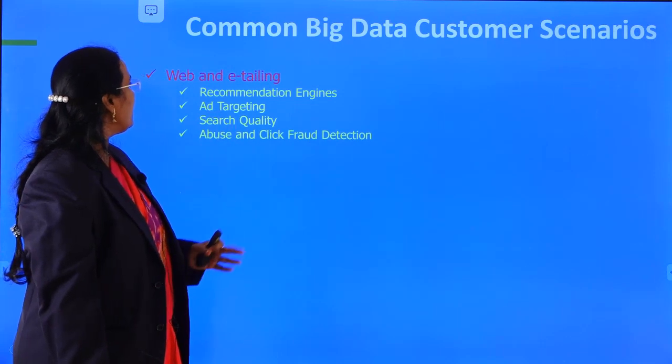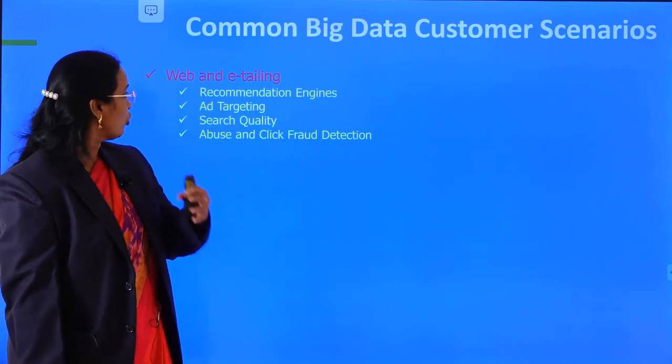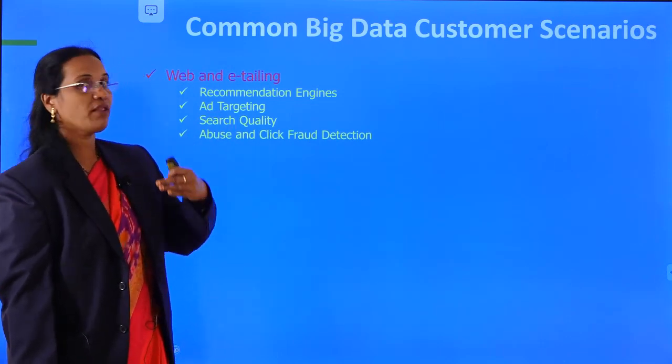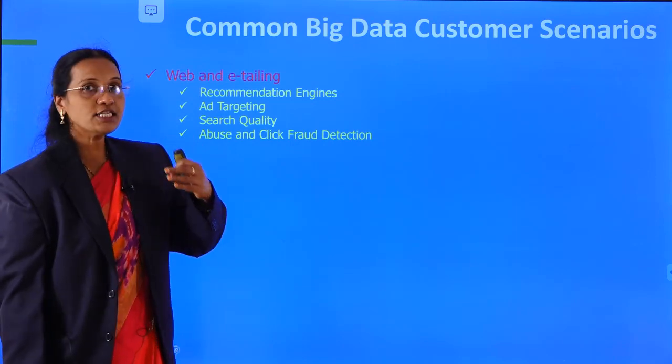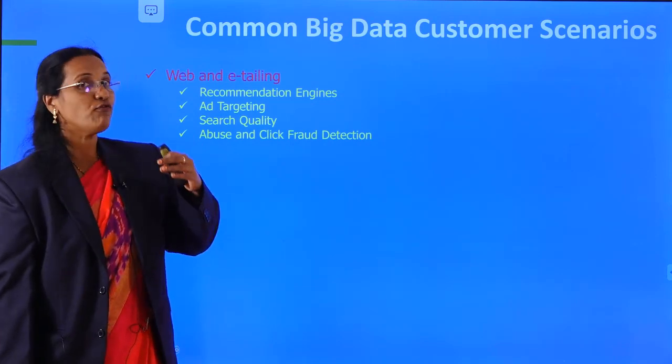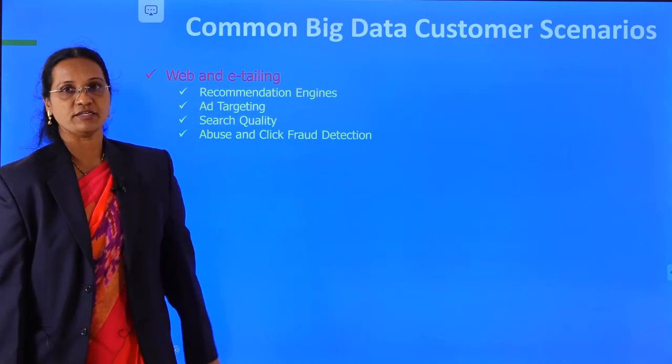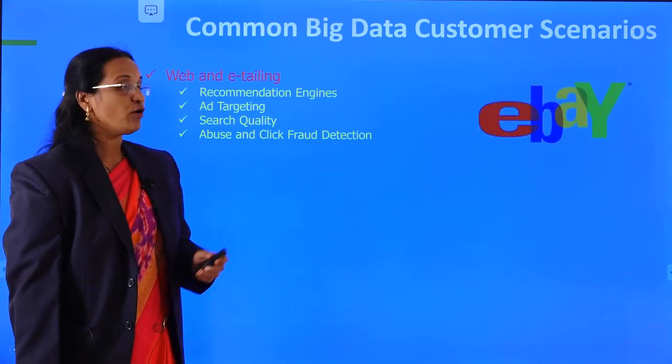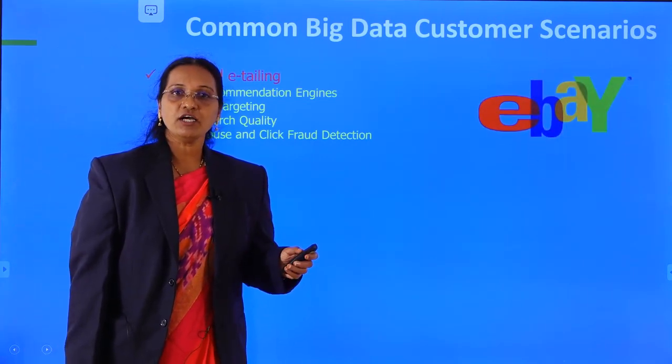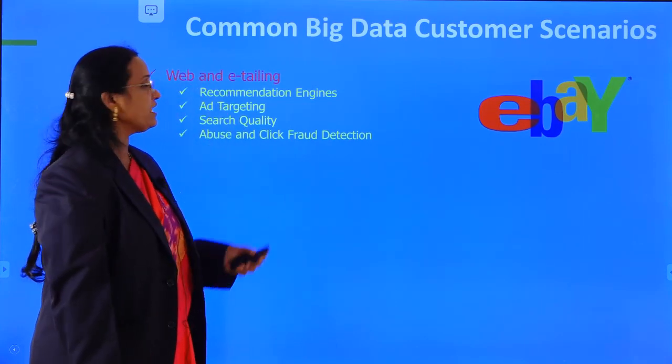Web and e-tailing generates big data through recommendation engines, ad targeting, search quality, and abuse and click fraud detection. eBay is the biggest company in the world generating a large amount of big data with respect to web and e-tailing.